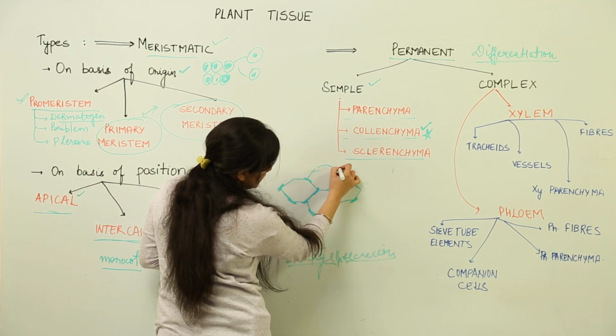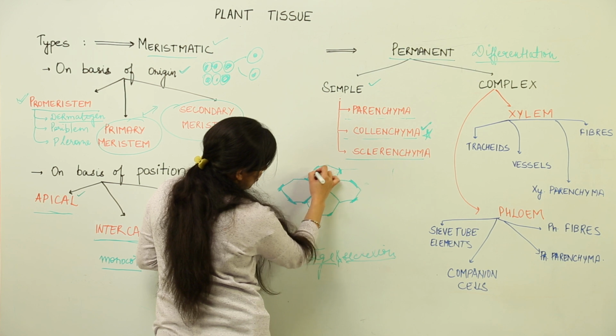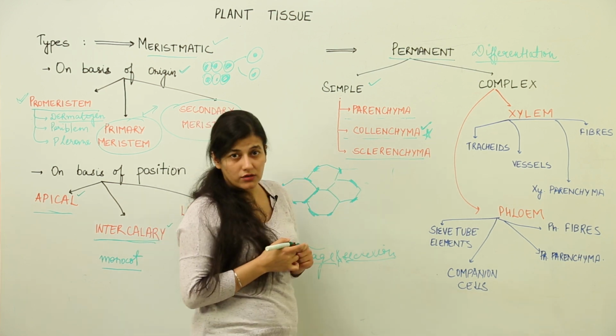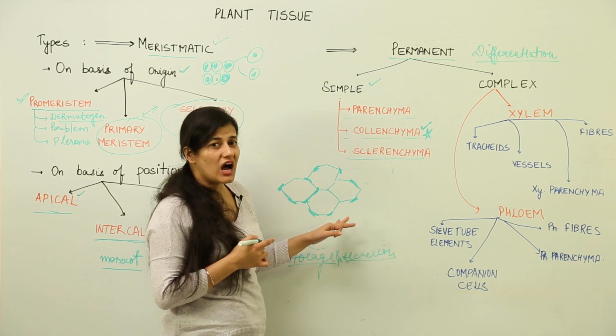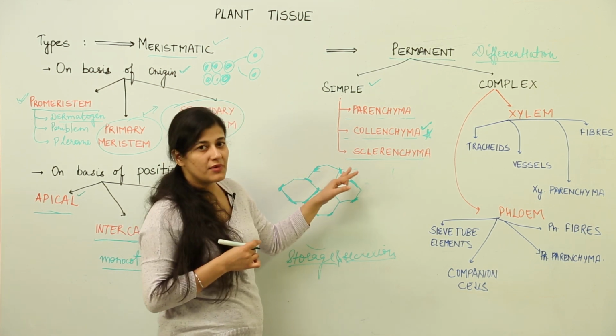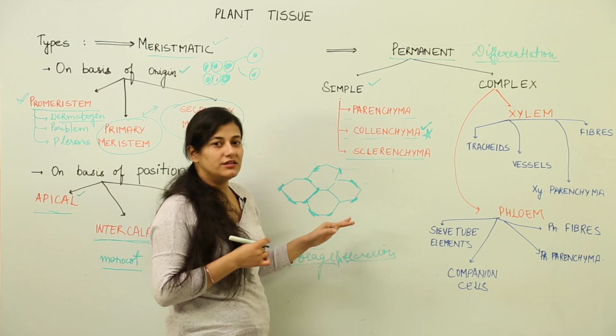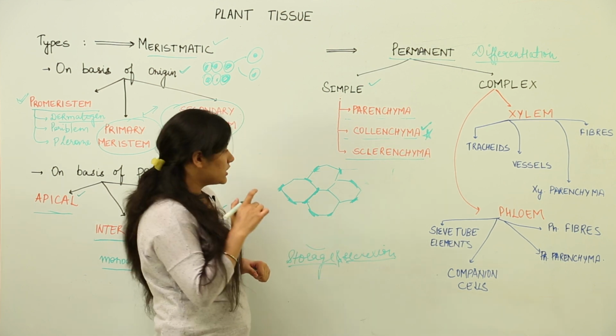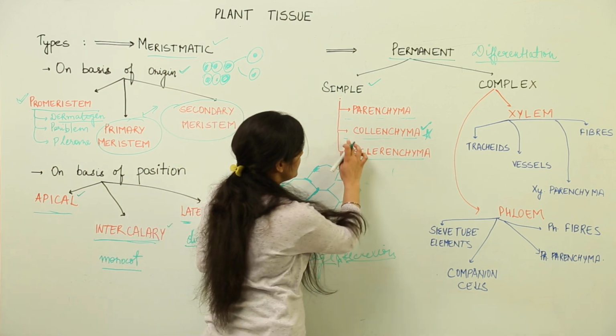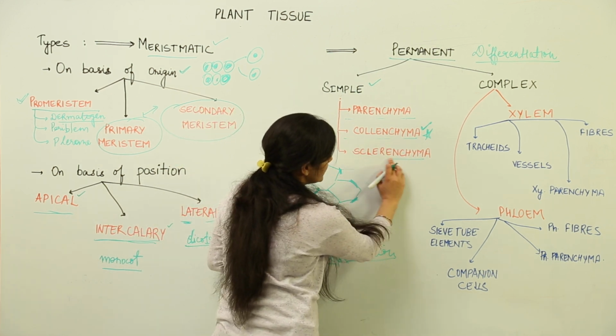These angular thickenings have deposition of hemicellulose and other derived compounds which provide it a hard structure. So this collenchyma is present inside the stem of a dicot plant, which gives it extra stability and mechanical strength. Then we come to sclerenchyma.